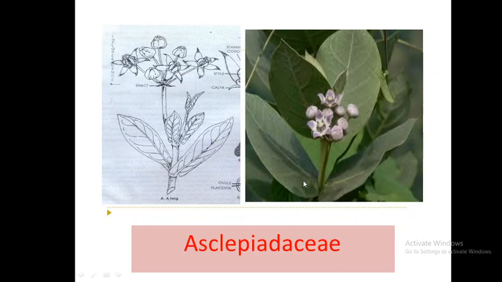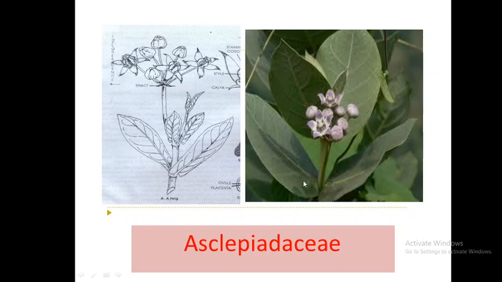The family includes about 175 genera and over 2,200 species widely distributed in tropical and subtropical regions of the world. The familiar examples are Calotropis, Asclepias, Tylophora, Pergularia, Leptadenia, etc.